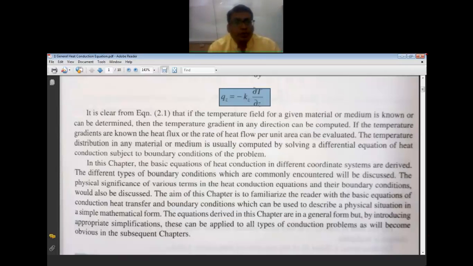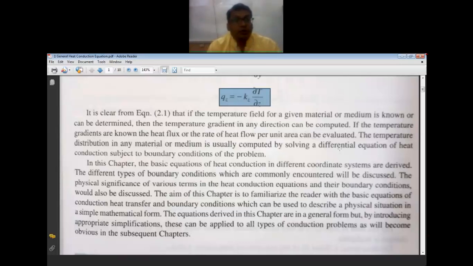The temperature distribution in any material or medium is usually computed by solving a differential equation of heat conduction subject to the boundary conditions of the problem. So this is what we are going to analyze now.